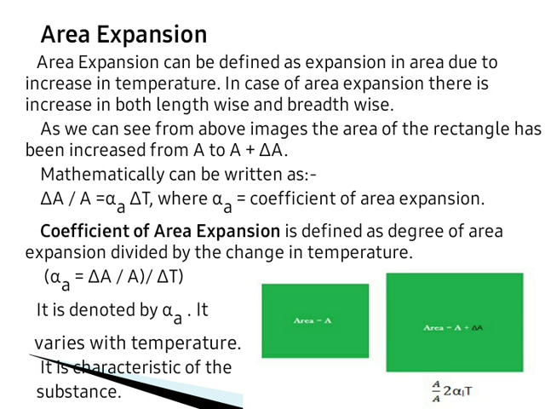Since delta A by A is directly proportional to increase in temperature, it is mathematically expressed as delta A by A is proportional to delta T. Then delta A by A is equal to a constant into delta T. This constant is represented by alpha A. It is the coefficient of area expansion, which is defined as degree of area expansion divided by change in temperature.